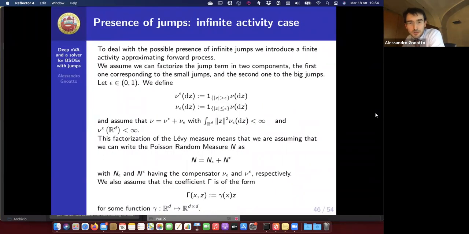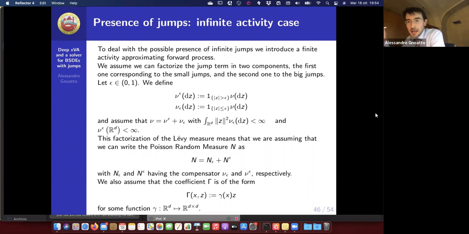And finally, what about the infinite activity case? The solver so far handles only the finite activity case, I told you. In the infinite activity case, our idea is to use standard simulation schemes for Levy processes. If you look at the book by Cont and Tankov and you want to simulate the CGMY process, one of the classical ways to do it is to fix a threshold epsilon for the jumps.